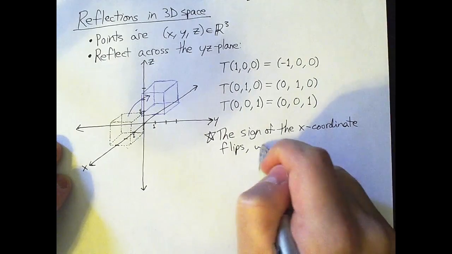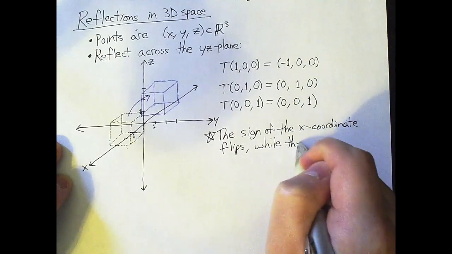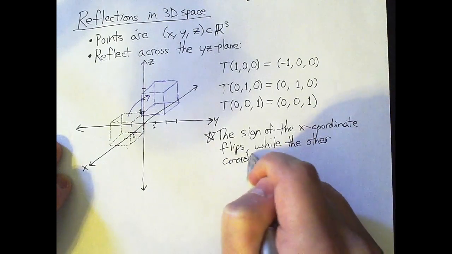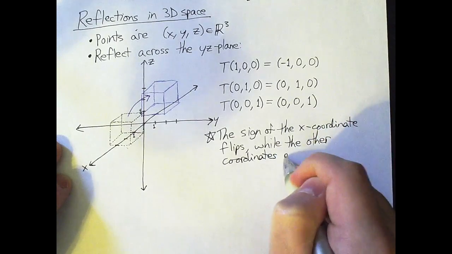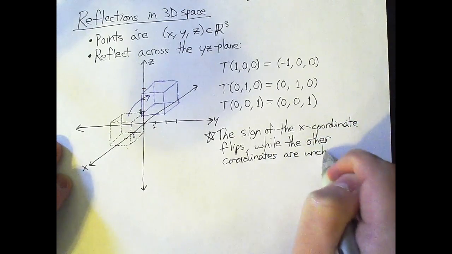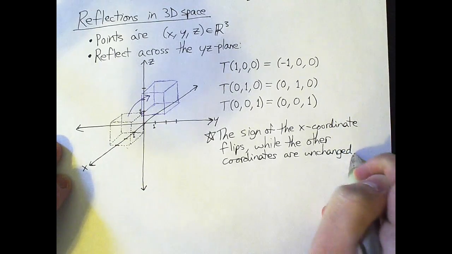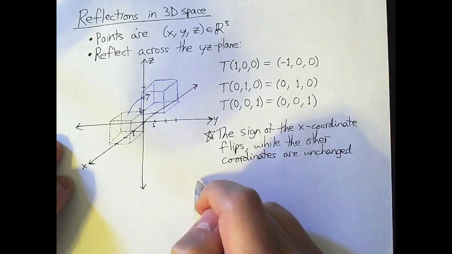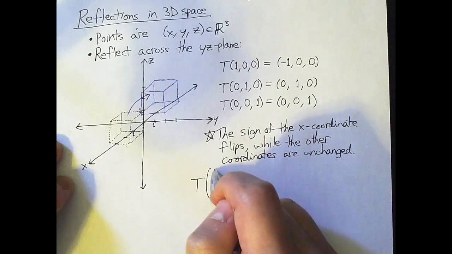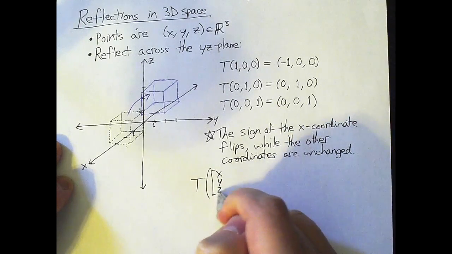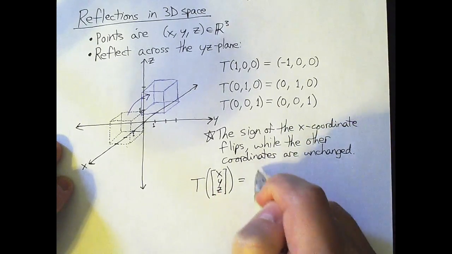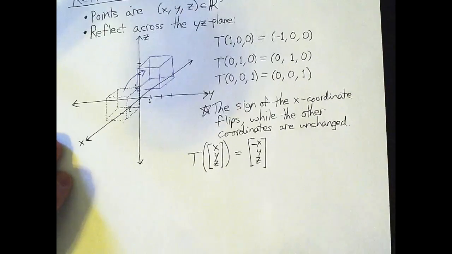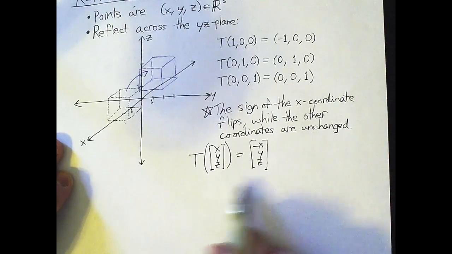And the other coordinates are unchanged. That's kind of what it means to reflect across the YZ plane. And T of a general XYZ would get sent to -XYZ. I mean, that's the same thing I just said in that sentence. I just wrote it out.